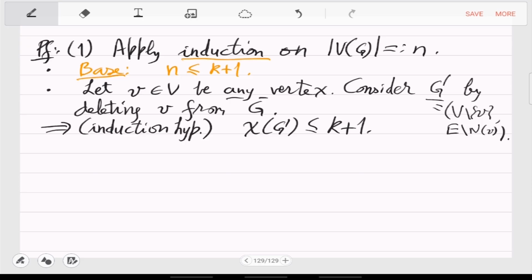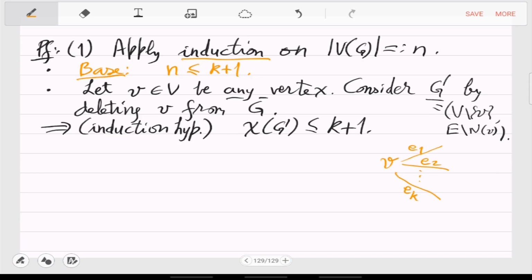Yeah, so let us, G prime, basically all the vertices are colored except small v. So let us look at what we can do with small v. So small v has edges e1, e2, how many edges? At most k, right?